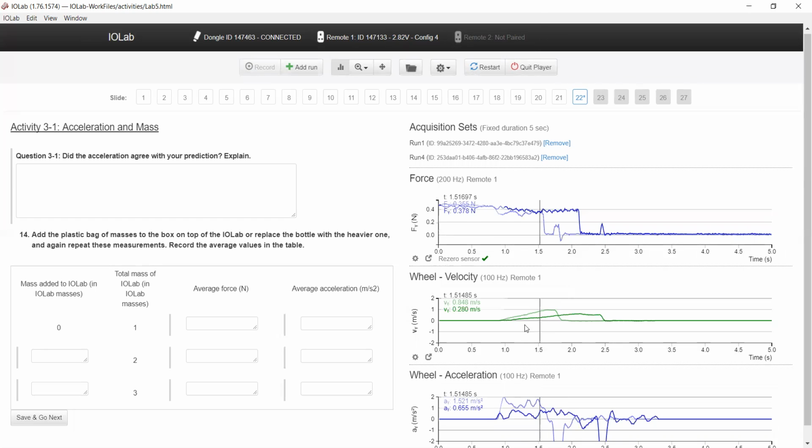In theory, it should be not perfectly but kind of a straight line, and the acceleration is supposed to be constant, although I might not have got that here. It should be kind of linear. The force is kind of constant. It was hanging, moving.